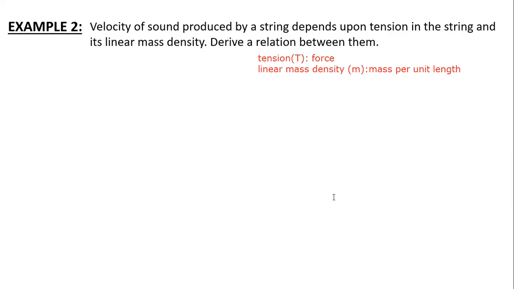V is root of T by m, right? Okay, so he got the answer as V equals constant times root of T by m. So has anyone else tried it?